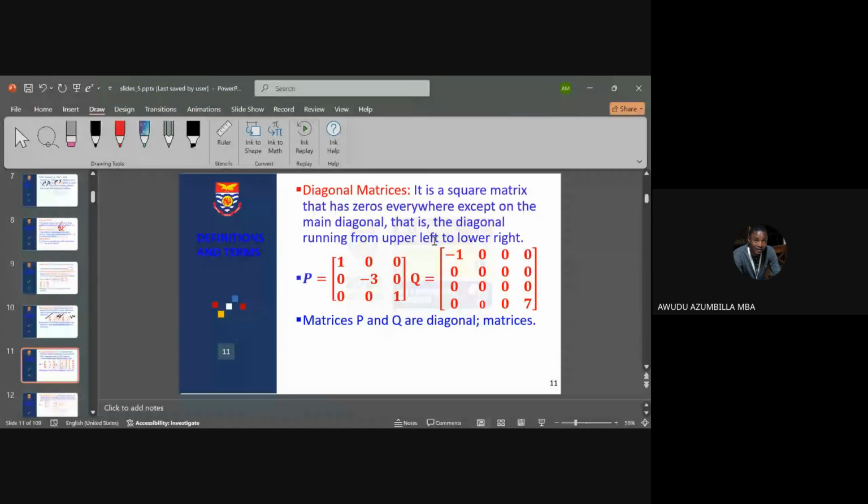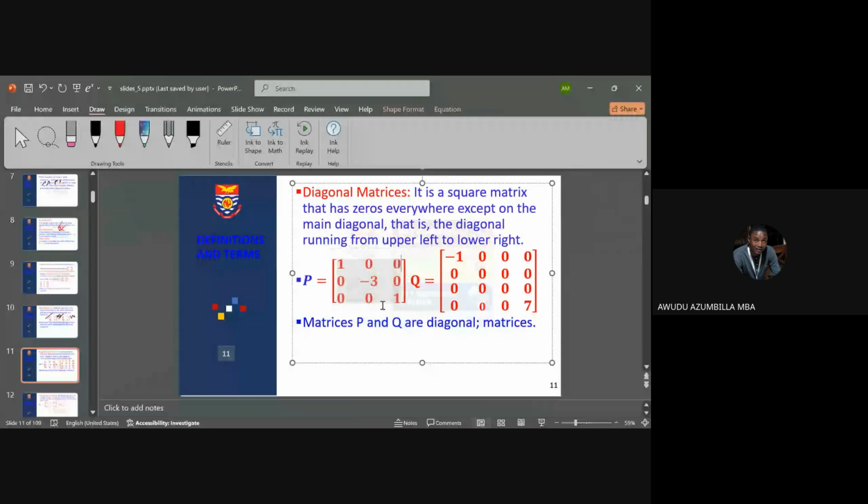With the identity matrix, we are saying that on the main diagonal we have 1, 1, 1 throughout. But with a diagonal matrix, we are saying that all the other parts are equal to 0 except the main diagonal. If you look at this, the upper part is 0, the lower part is 0, but the elements on the main diagonal are non-zero. So we call it a diagonal matrix.